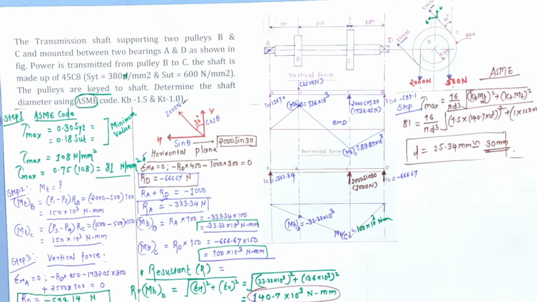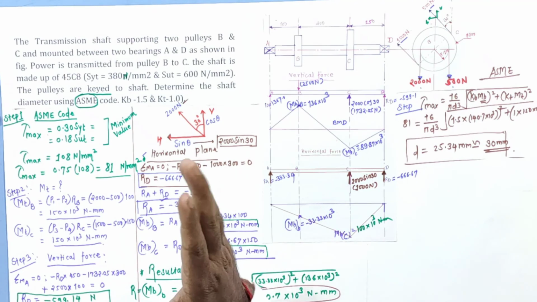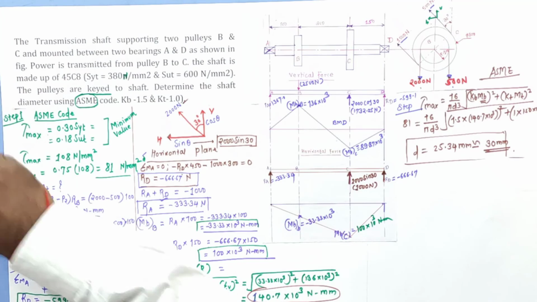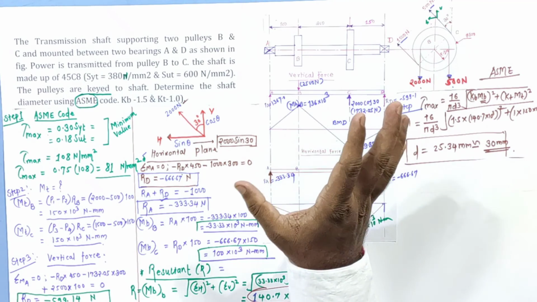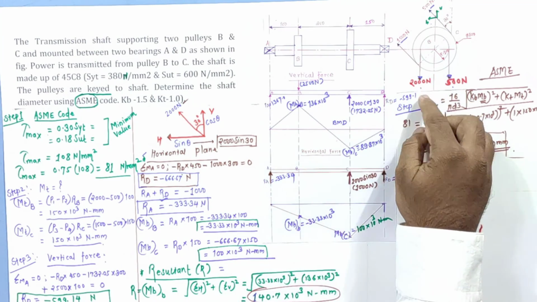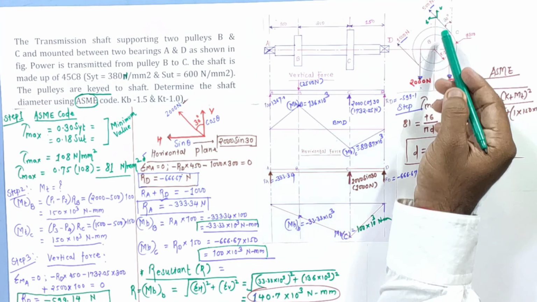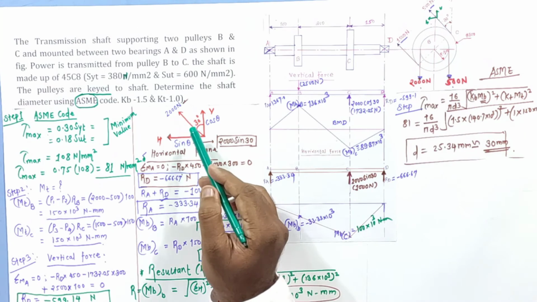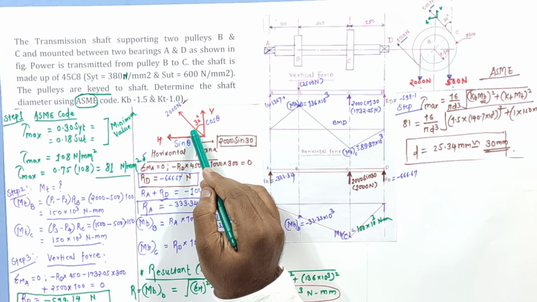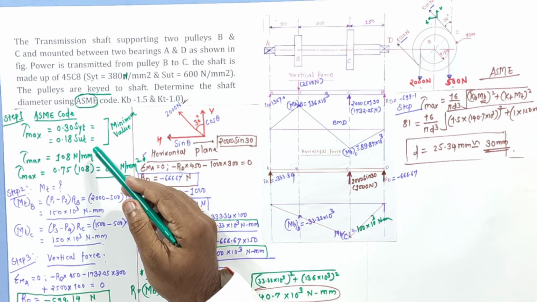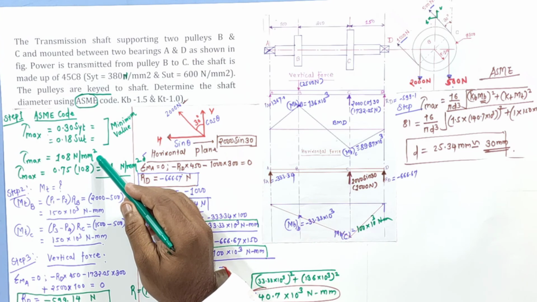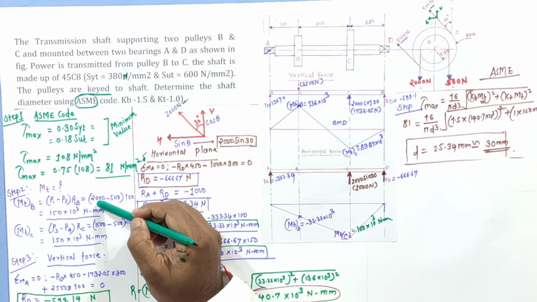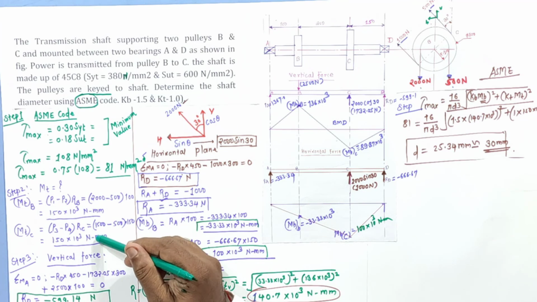So this was the structure. Now the different thing here is that we need to read the statement carefully. Here the forces are acting inclined, so for that we'll again have to convert them into vertical and horizontal components as in the structure given. First of all you will have to use the ASME code. After that, we'll calculate the torsional moment.